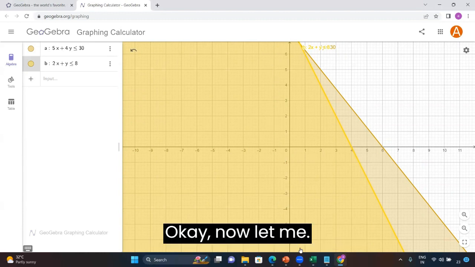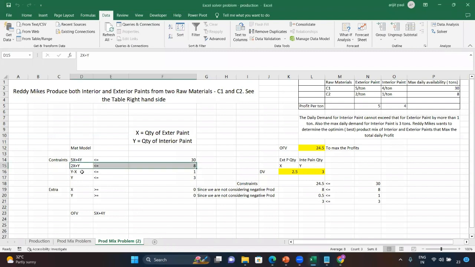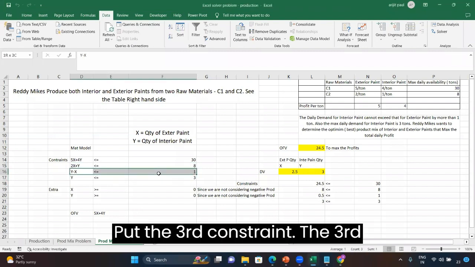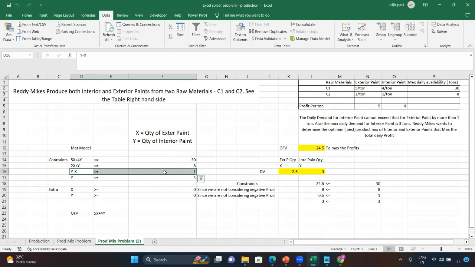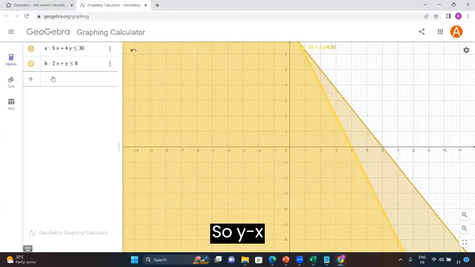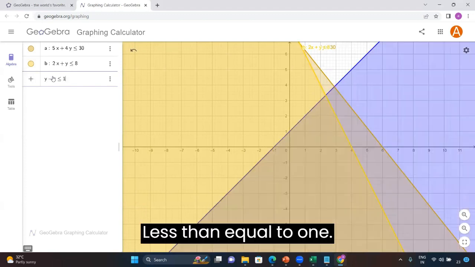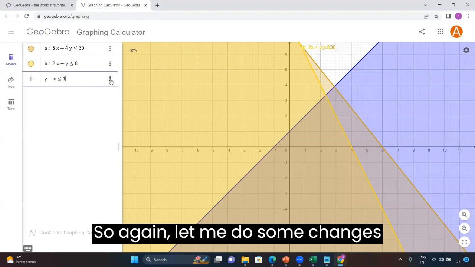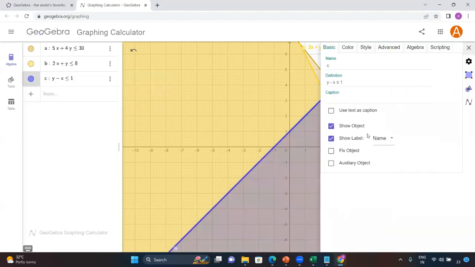Now let me put the third constraint. The third constraint is y minus x less than or equal to 1. Again, let me do some changes in the setting.